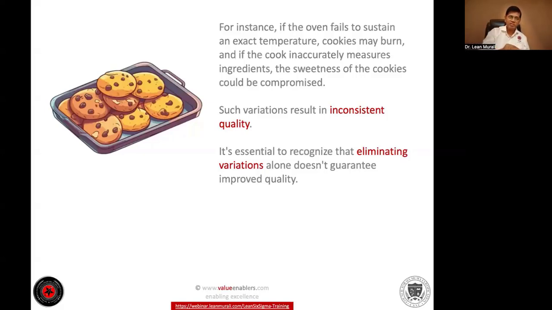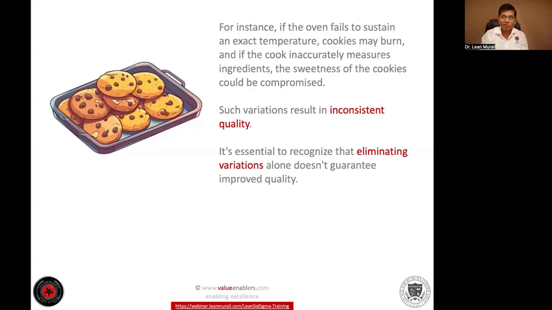There are factors that contribute to that inconsistency. Each factor can be at a different level. We will explain factors and levels as we go deeper. For example, temperature is a factor and the levels are 350 degrees and 370 degrees. There can be multiple levels.